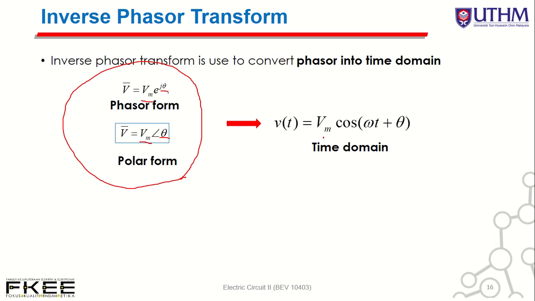You can write small v(t) in the time domain, because this is a time domain function: Vm, the magnitude, times cos(omega t plus theta). So you can convert from polar form, phasor form, or rectangular form to time domain. This one we call inverse phasor, from phasor to time domain.